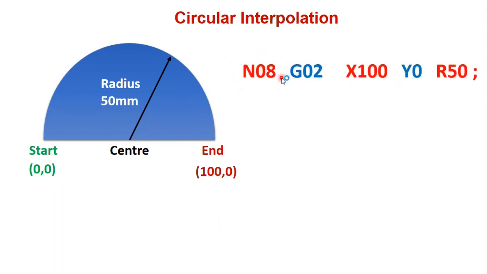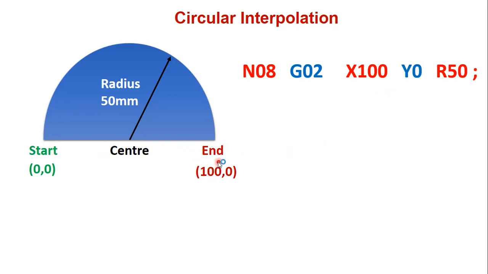N0 is nothing but the block number. So G02, starting and end. The starting coordinates are 0 0 and the end coordinates are 100. Immediately after G02 we have to give the end points. I am starting from X0 Y0, going along this path and ending here. So what are the end points?